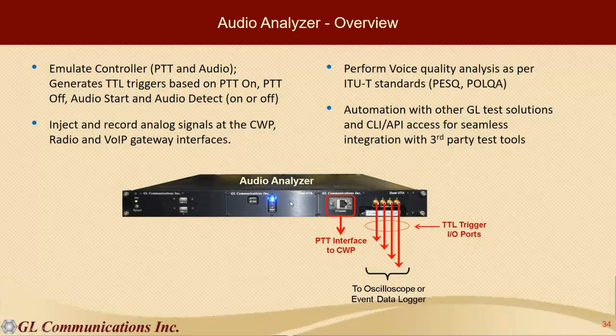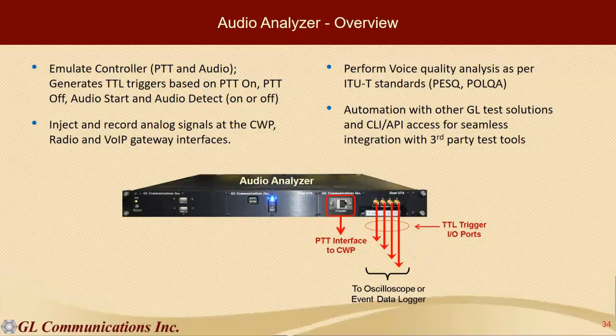It interfaces again at the analog side, so it will emulate a CWP, and it can inject and record analog signals at that CWP. It also, in an ancillary fashion, has the ability to send and record voice, of course, as I mentioned, and it can perform voice quality measurements. So you can send from one point in the network to the far CWP and test the voice quality across the entire network.